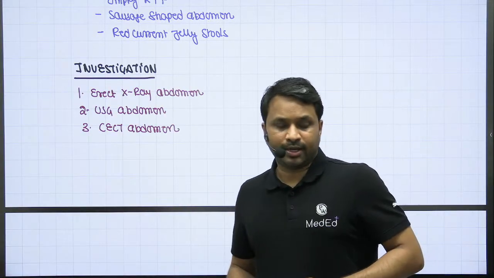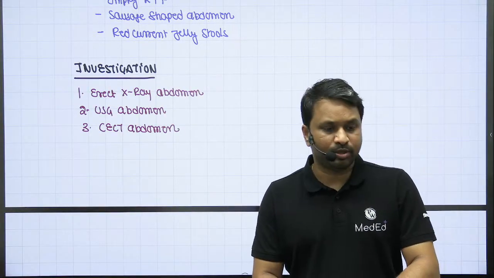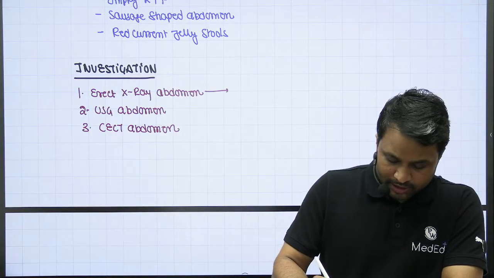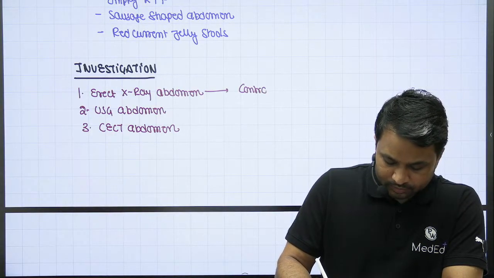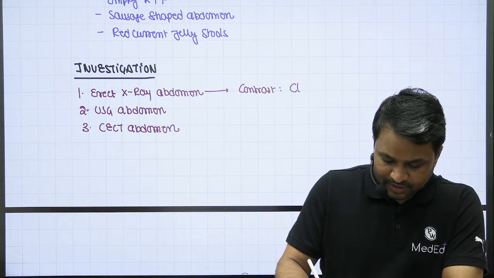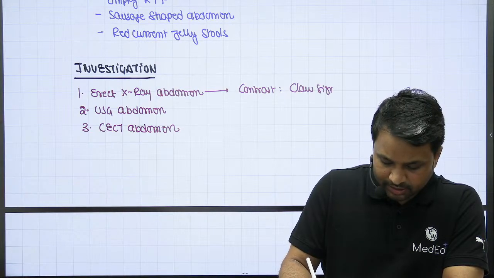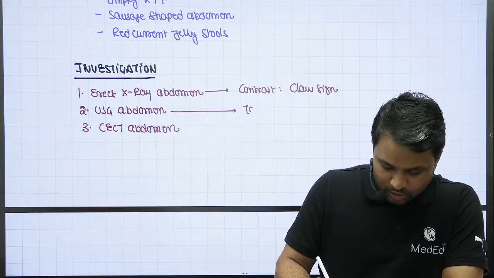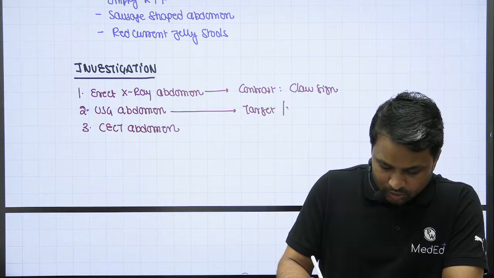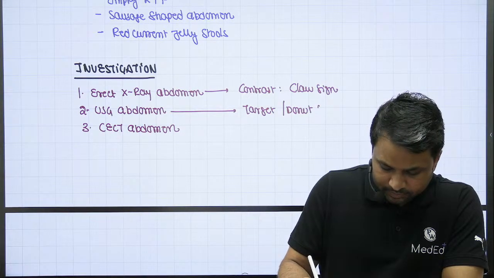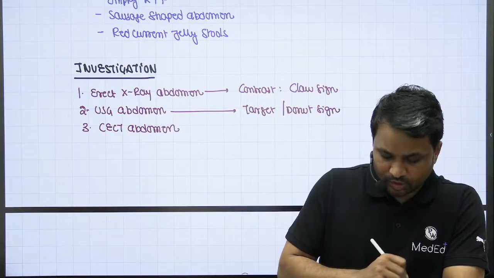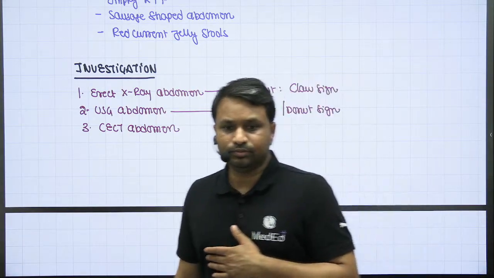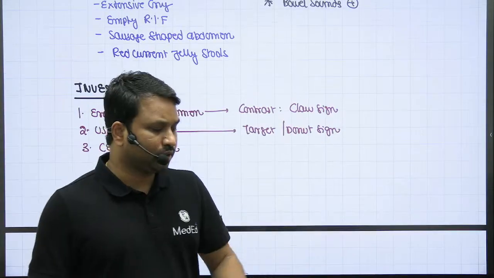So do an erect X-ray abdomen, then an ultrasound abdomen, and then a CECT abdomen. Now, specifically when you do contrast imaging, there is a specific sign called the claw sign in intussusception. In the ultrasound, you will see the presence of the target, also called the donut sign. So this is on the investigation.